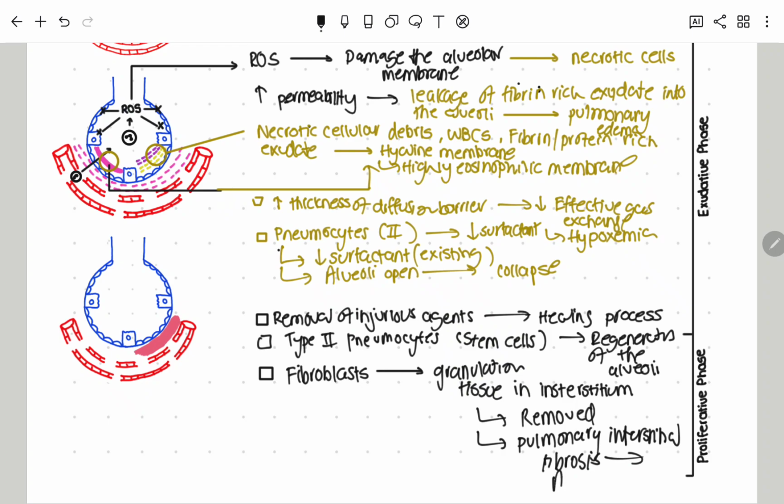In this case, you will see that the alveoli have thickened septa. And so this is obviously a problem, because once again, this means you have a thick barrier to the diffusion process at the level of the alveoli, and so hypoxemia is still quite a problematic issue in this case.